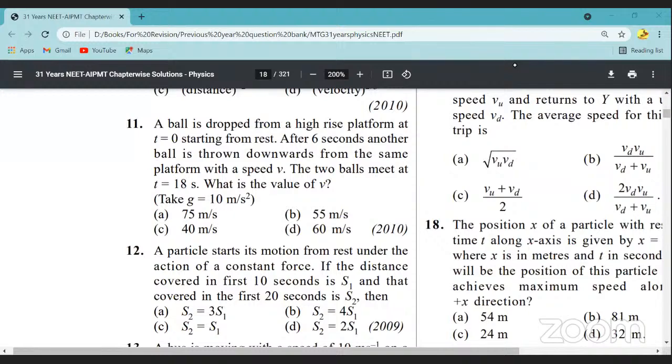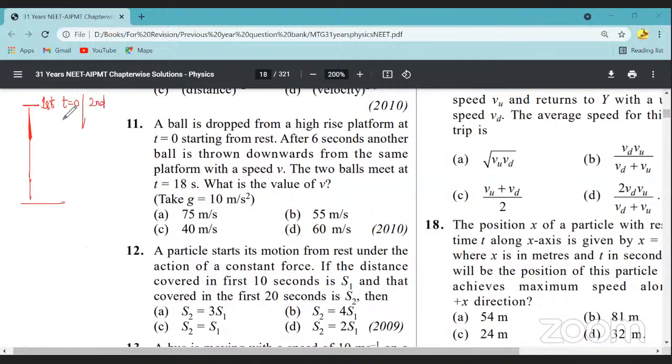A ball is dropped from a high-rise platform at t equal to 0 from a state of rest. After 6 seconds, another ball is thrown downwards from the same platform with speed v. The two balls meet at t equal to 18 seconds. What is the value of v? So it's like this. First ball is dropped at t equal to 0.